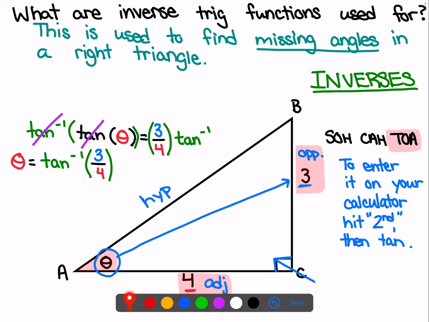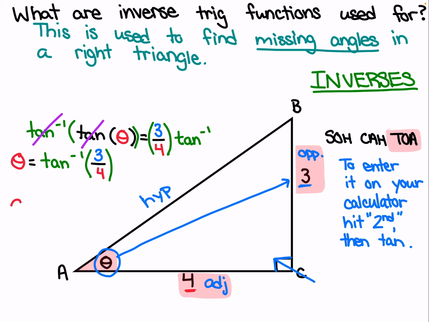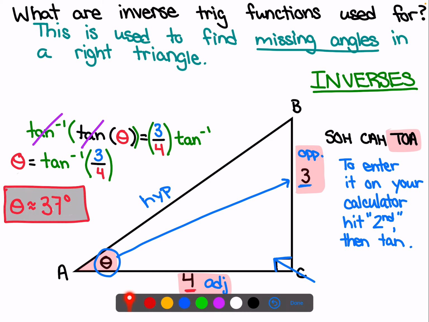If you enter inverse tangent of 3/4, you end up with 36.86989765, and then it continues on forever. We're just going to round to the nearest whole degree measure, which will give us theta is equal to about 37 degrees. Now again, for these, it's very important that you are in degrees and not radians.